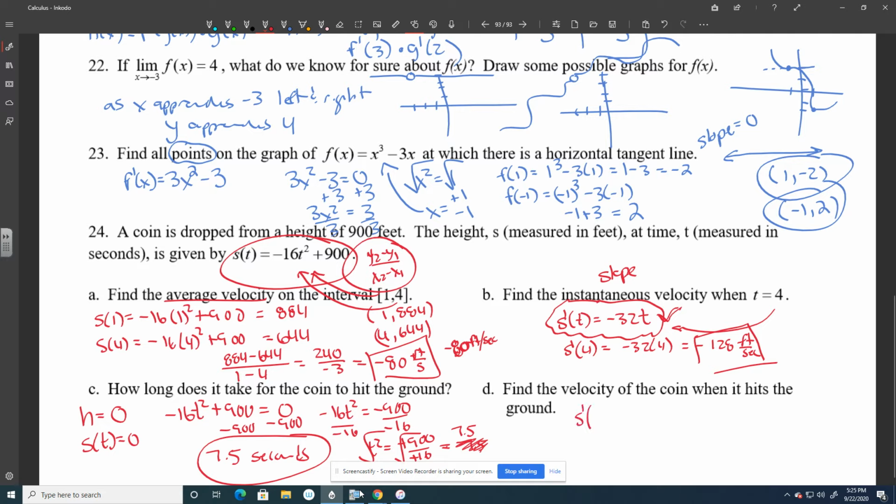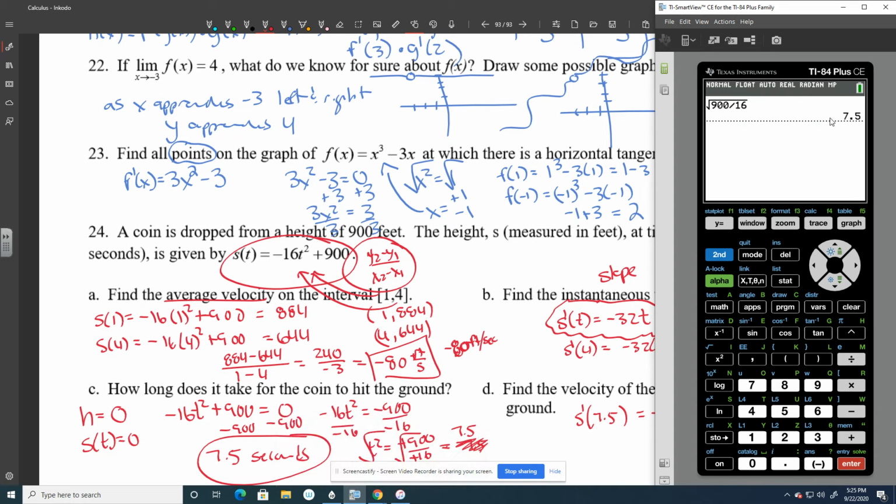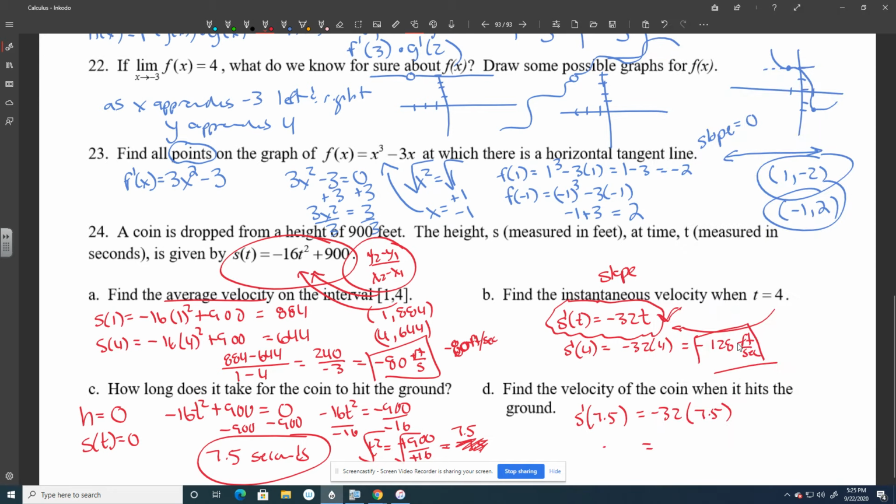So I'm looking for s prime of 7.5, which equals negative 32 multiplied by 7.5, which, I don't know, 7.5 times negative 32 is going to give me negative 240 feet per second. Okay. If it asked for the coin's speed, I would say 240 feet per second. The negative tells us that it is going down at that speed.